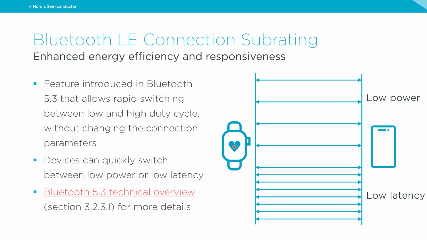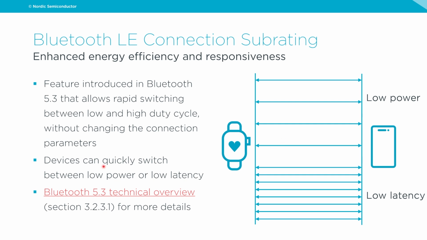You want to sample it faster, you want to get the data faster as well. Let's say you want to switch from 1 second down to 10 milliseconds. Just switching the connection parameters can take, from the top of my head, I think up to 6 connection intervals. So it would take 6 seconds before you would go from 1 second connection interval to 10 millisecond connection interval, which might not be acceptable by a lot of applications.